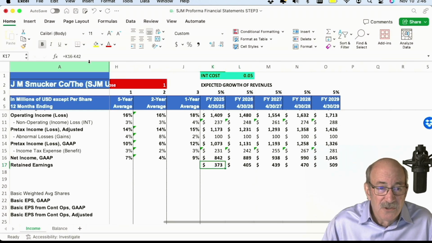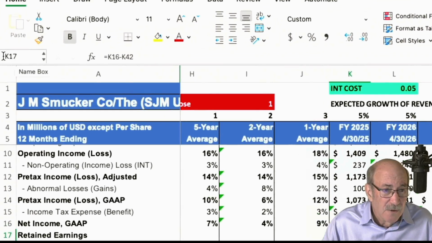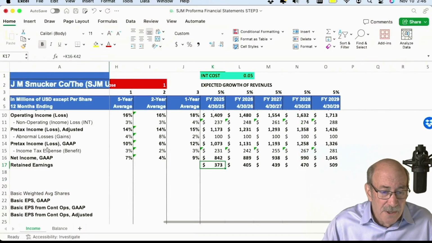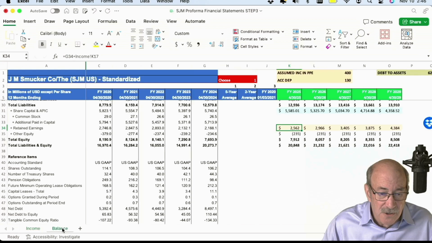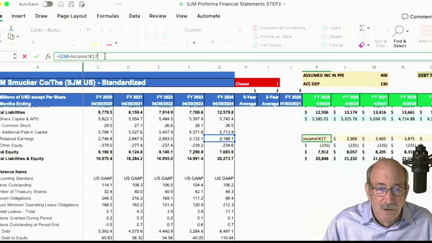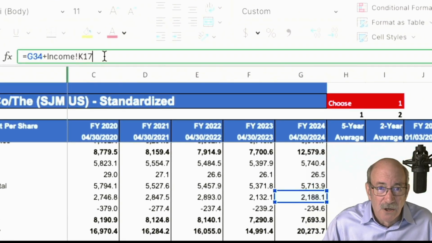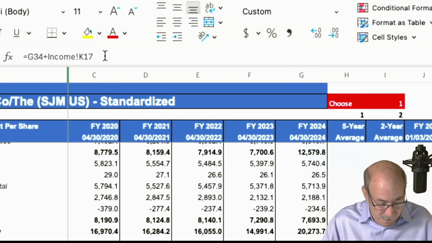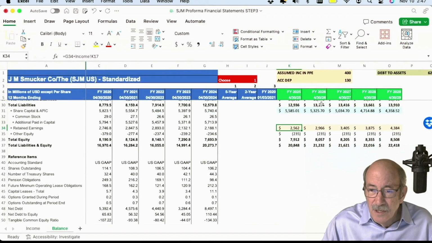So note the cell. We're in cell K17 over here, right? So that's going to be my addition to the retained earnings account on the balance sheet. Notice that I'm adding to the prior retained earnings the income statement cell K17. So now that becomes my new retained earnings.